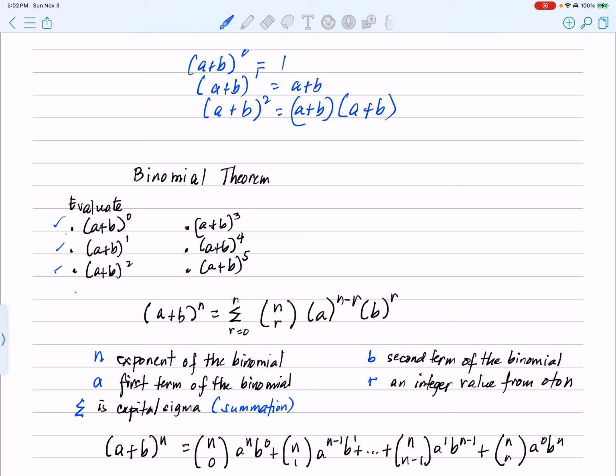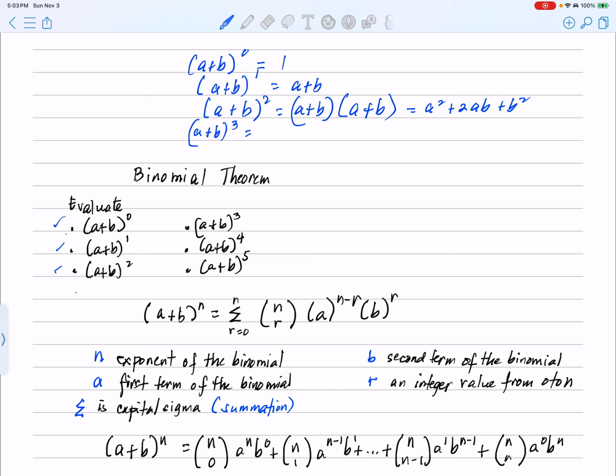Disregarding your knowledge of the square of a binomial, because if you know it, you can do the square of a binomial right away by doing a squared plus 2 times a times b plus the square of the last term. Same thing if you have a plus b to the third power, you can also use the cube of a binomial.